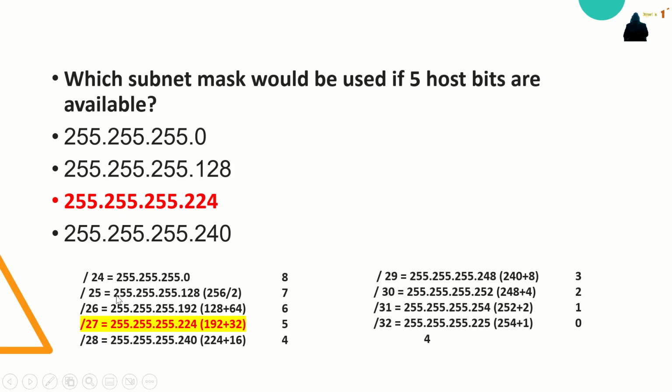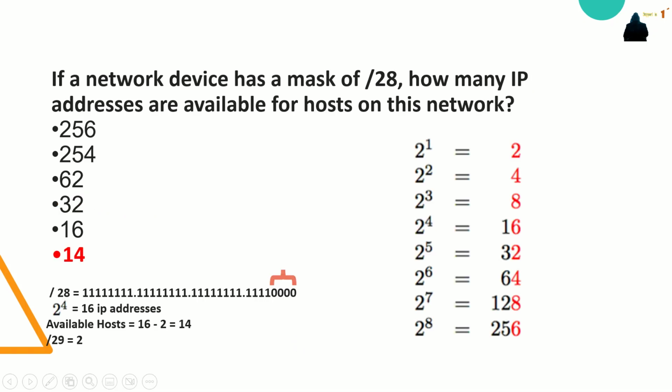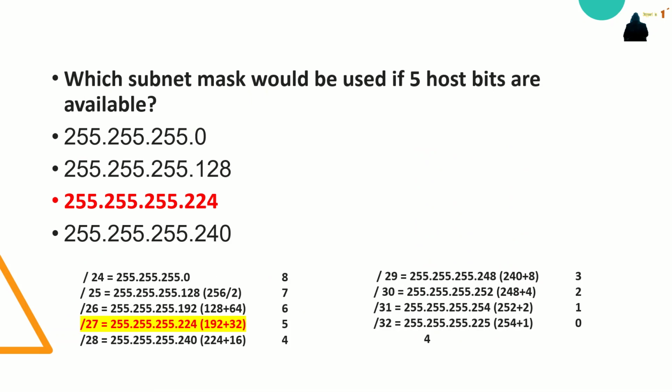But for /25, it's 7 bits. For /26, it's 6 bits. For /27, it's 5 bits, 5 bits is the number of zeros. For /28, this is 4. Did you remember it? This is 4 bits, because there are 4 zeros here for /28.